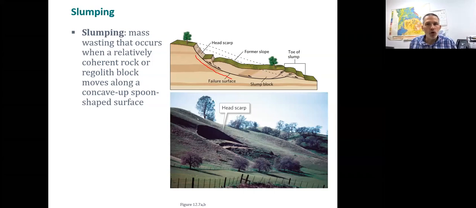So usually, if we have an area that is prone to slumping, many times you're going to see these crescent shapes in the headwaters of this area.